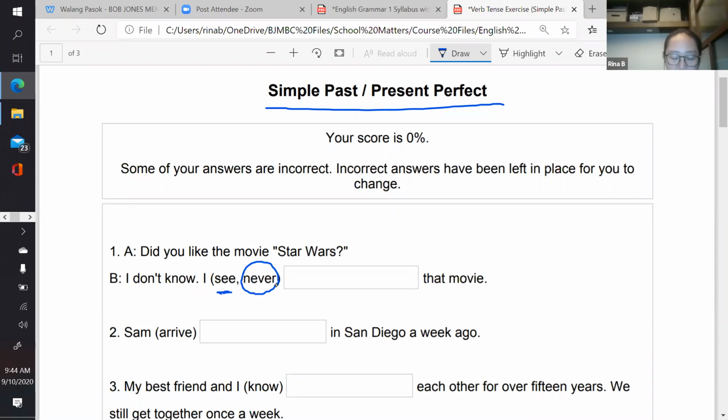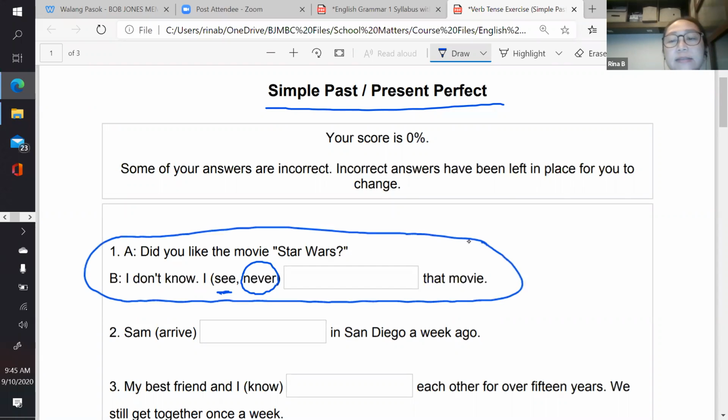30 seconds. Right? Ready? There are 3 blanks. Okay. So number 1, sorry if I forgot to stress, but I hope you caught that this is in one context, not in one conversation.